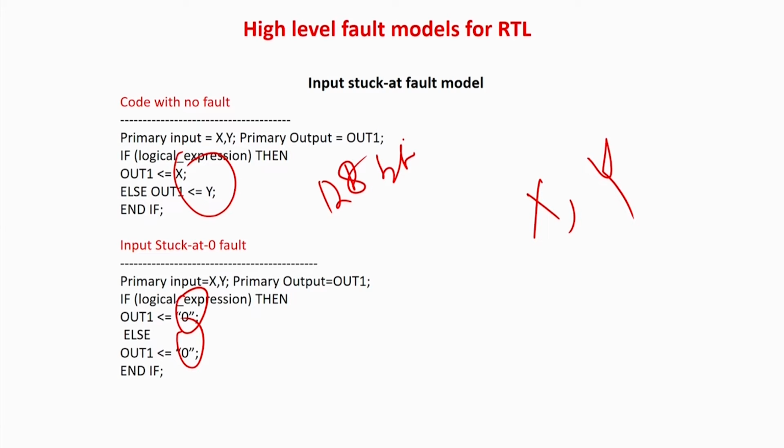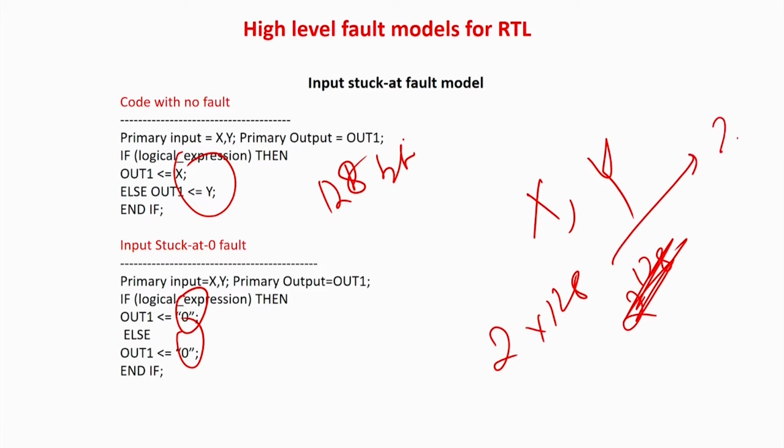Importantly, if x is a 128 bit number, all the 128 bits will be 0 in one case and all the 128 bits will be 1 in the other case. So instead of having 2 into 128 different faults, because each bit will be either 0 or 1, it is now converted to only 2. So a huge drop in number is there.